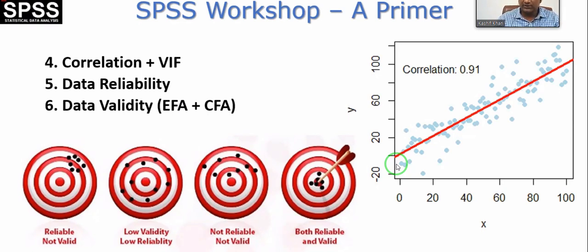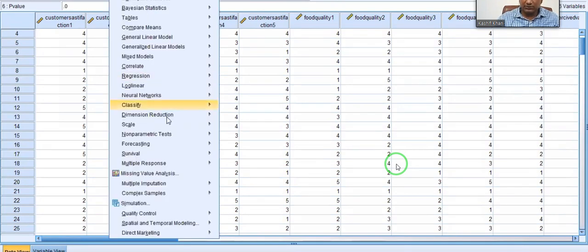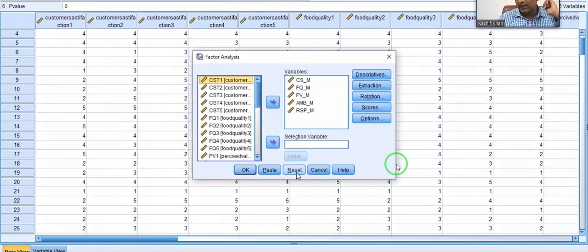Okay, let's go back. So how do we run EFA or CFA? We go to Dimension Reduction and Factor. I'll reset it.